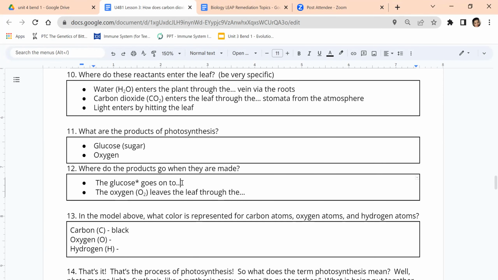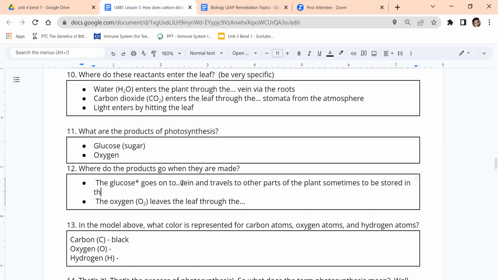So the glucose goes on to the vein and travels to other parts of the plant, sometimes to be stored in the fruit or the roots.